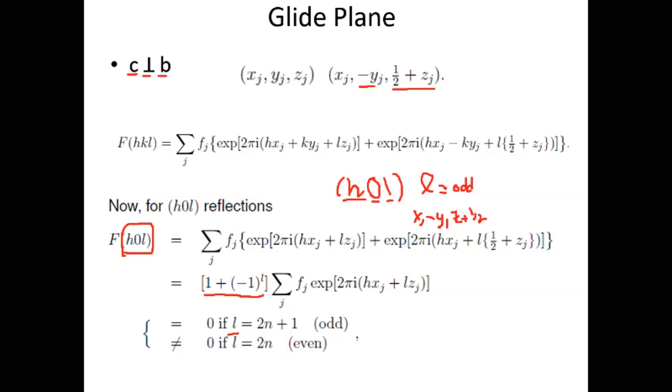Now, for example, if we're looking at a C-glide perpendicular to A, how would that change the reflection condition? So again, we start with X, Y, and Z. C-glide perpendicular to A means X is negative, Y is unchanged, Z plus a half.